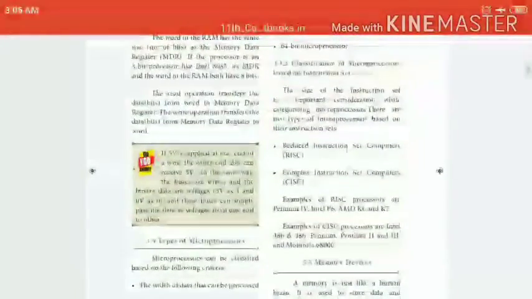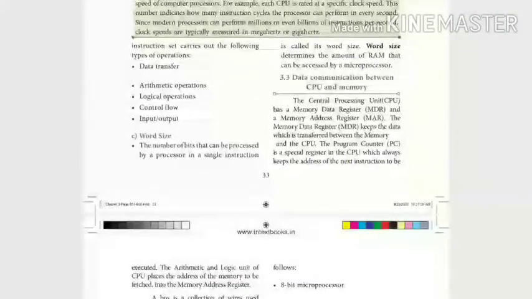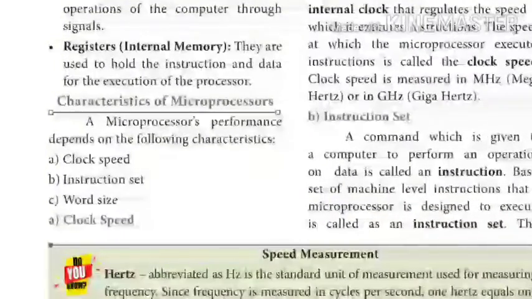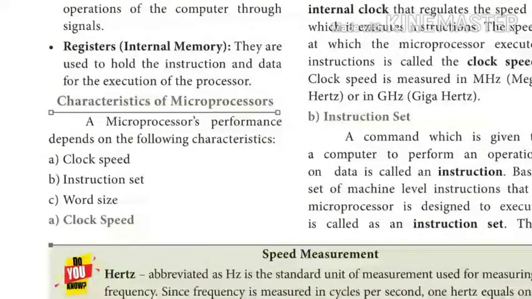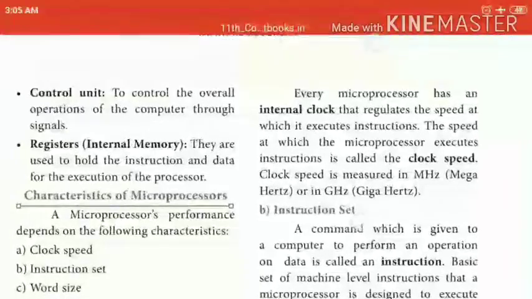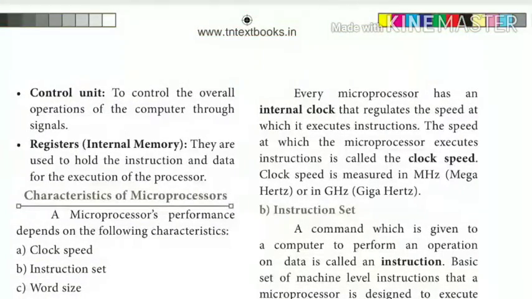So we are seeing different types of microprocessor. Characteristics of microprocessor: the first thing is clock speed. Every microprocessor has an internal clock that regulates the speed at which it executes instructions.